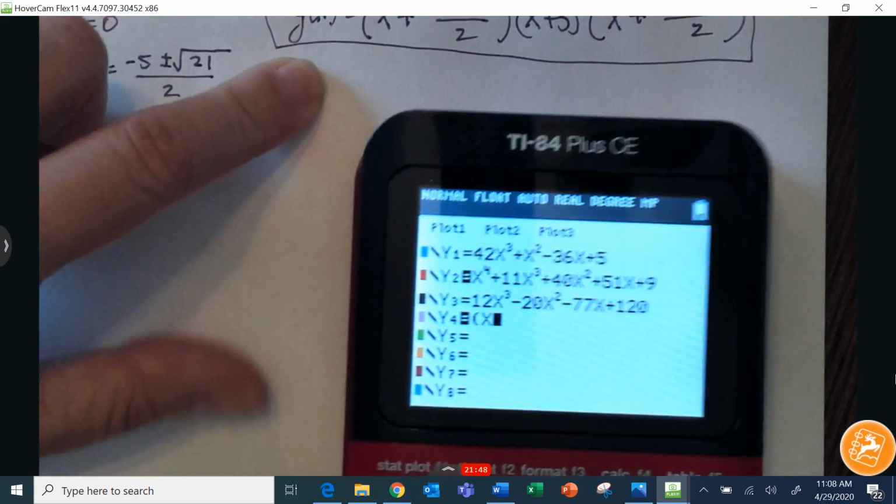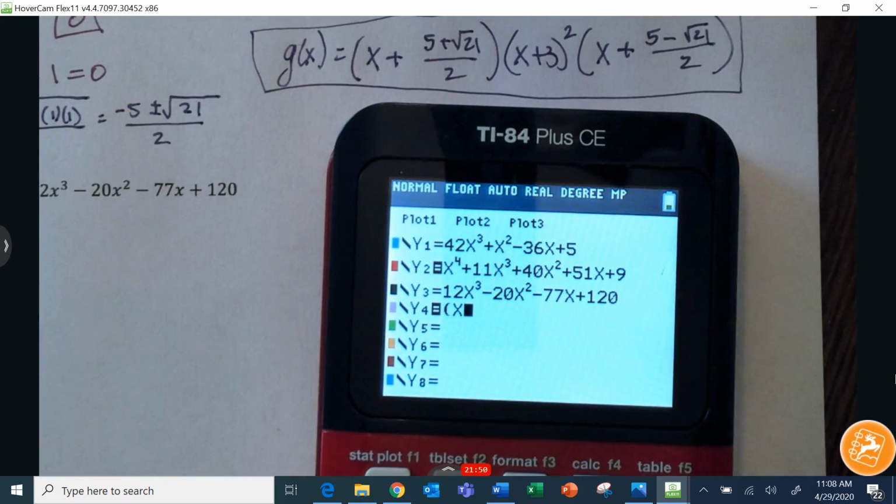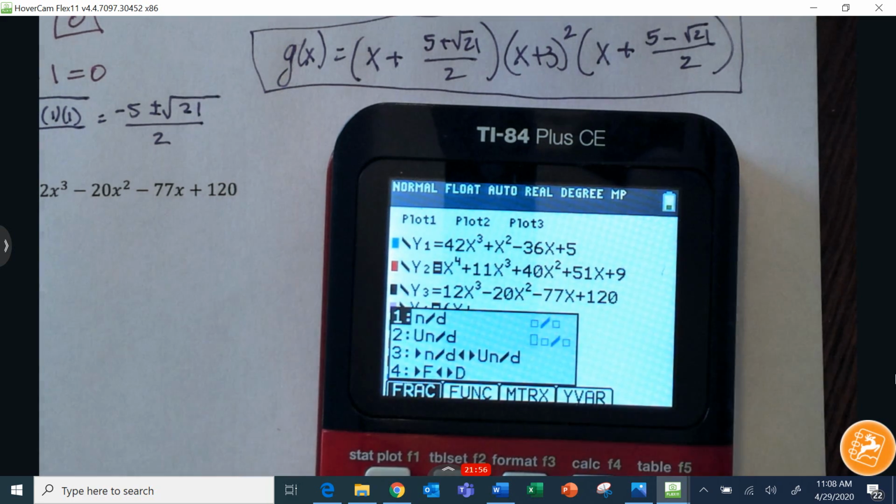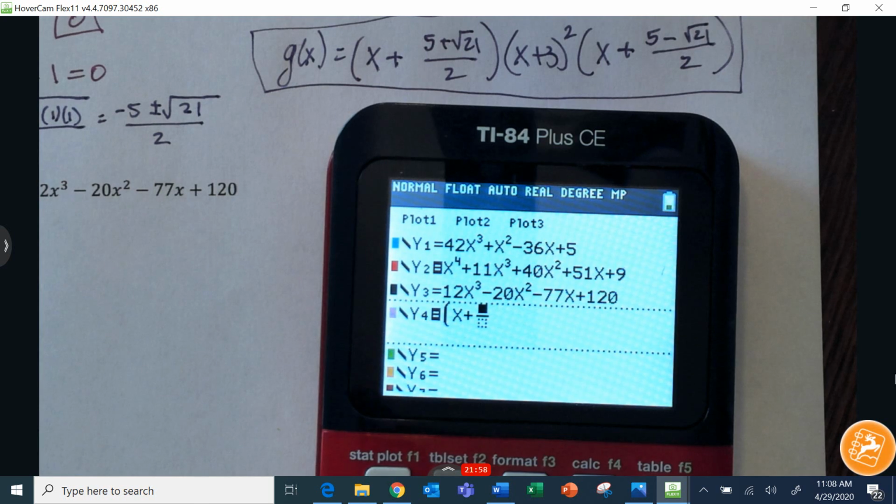I say that because who knows, maybe I made a mistake. All right, so plus, if you have the newer calculators, it's a lot easier to type it in. If you have the older ones, you got to make sure that you're using the parentheses correctly. Or if you're using Desmos, it's really easy to type it in also. So we have x, what do we have?